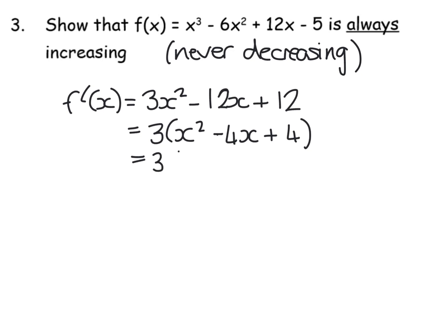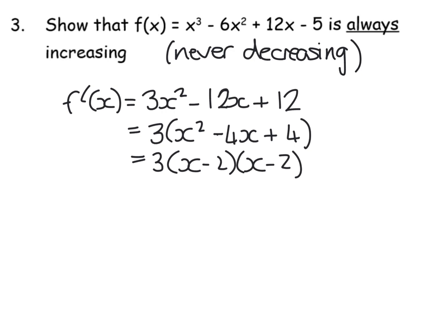And that would give me x minus 2, x minus 2. So I've got a repeated root here, which means that if I was to do my discriminant, this would be equal to 0.